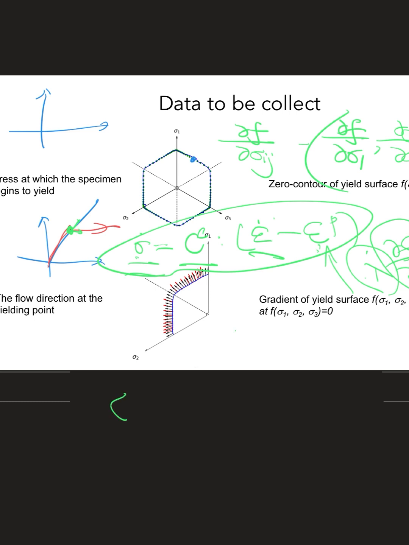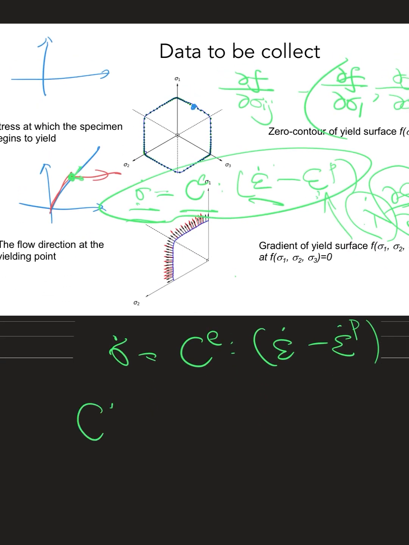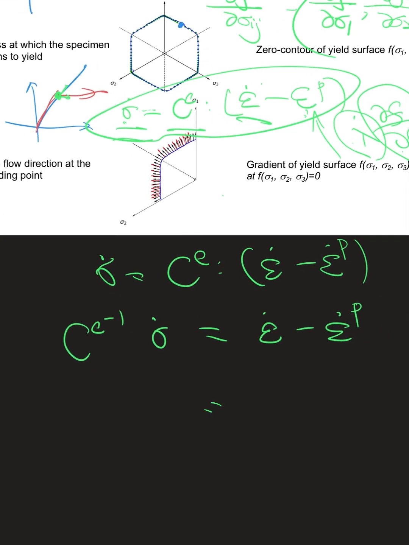Okay, if I give more details, that would be sigma dot equal to C^E double dot, epsilon dot minus epsilon dot P. And then what I need to do is obtain the inverse of it, and then I will have epsilon dot equal to the total epsilon dot minus epsilon dot P. And after that, I would move this, so I have epsilon dot P equal to epsilon dot minus C^E inverse sigma dot.